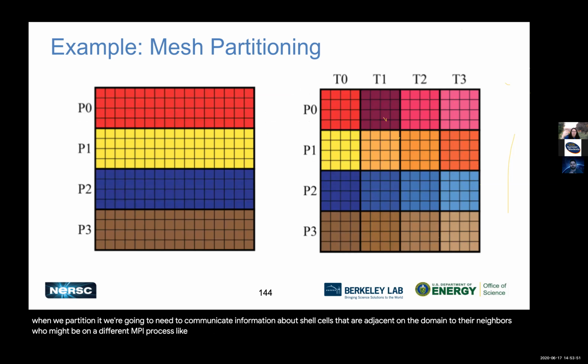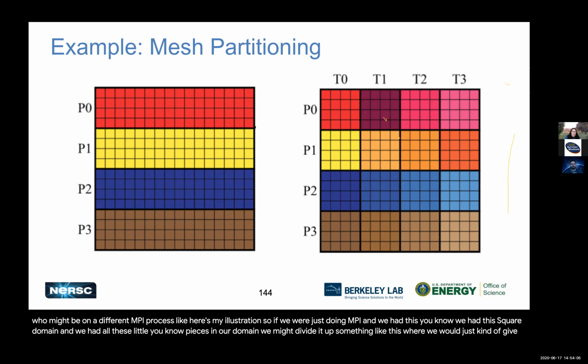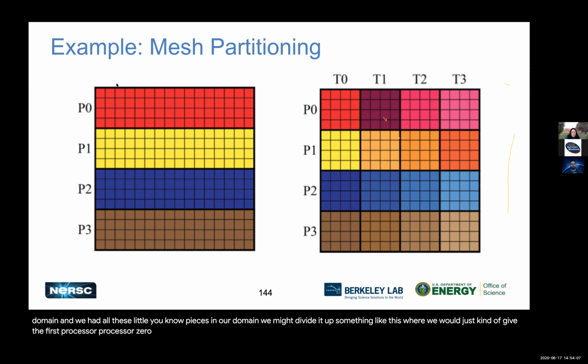So here's my illustration. If we were just doing MPI and we had this square domain with all these little pieces, we might divide it up something like this, where we give processor 0 the top quarter of the square, and processor 1 would get the next quarter, etc. Then within each of these, our processor would divide it up, let's say we have 4 threads.